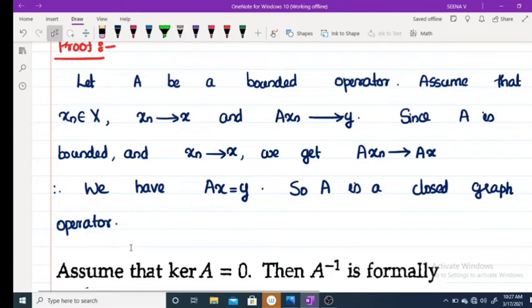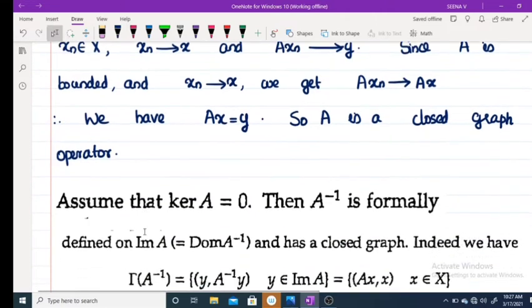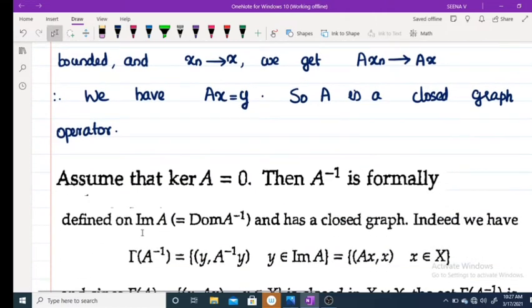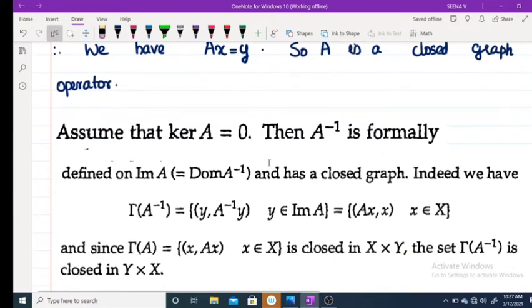X is in the domain of A and Ax equals y implies A is a closed graph operator. Okay. Now the next one, assume that kernel of A equals 0. Kernel of A equal to 0 means A is one-one. In that case we can define A inverse on the image of A, which is the domain of A inverse, and we claim it has a closed graph.